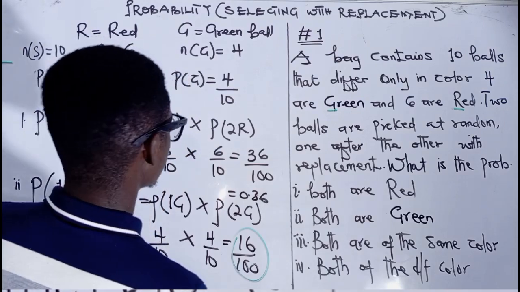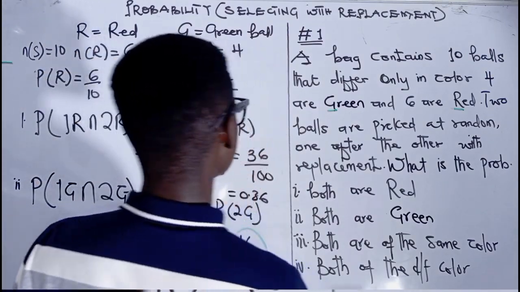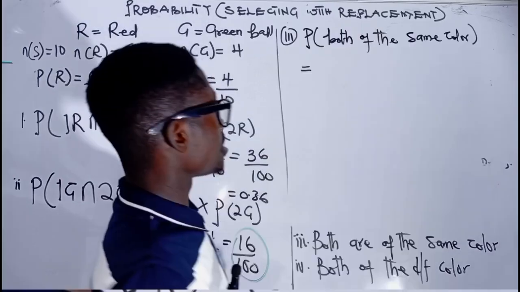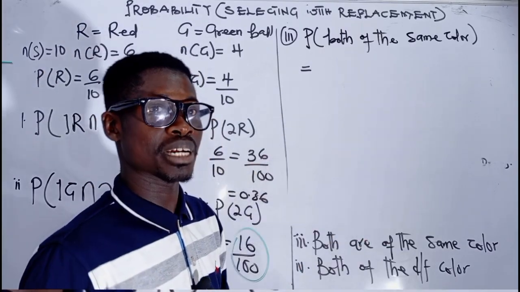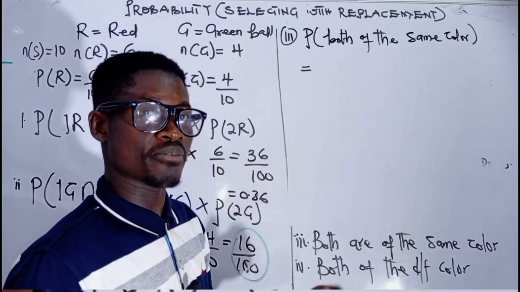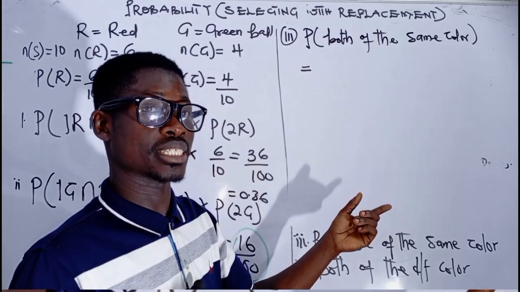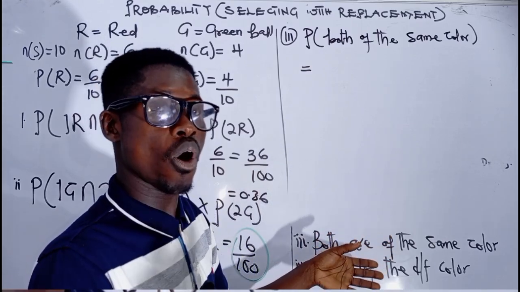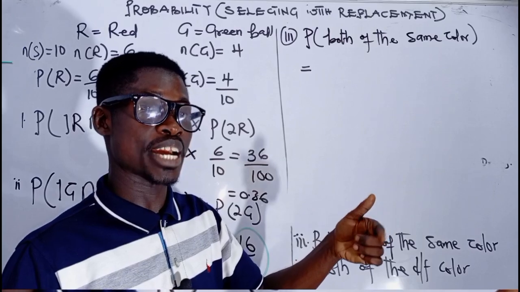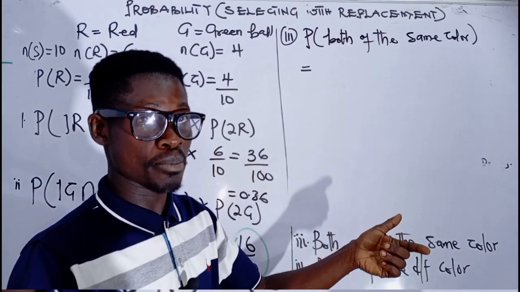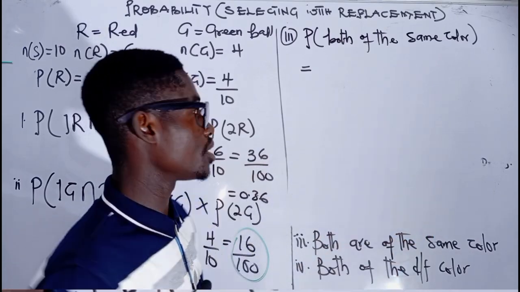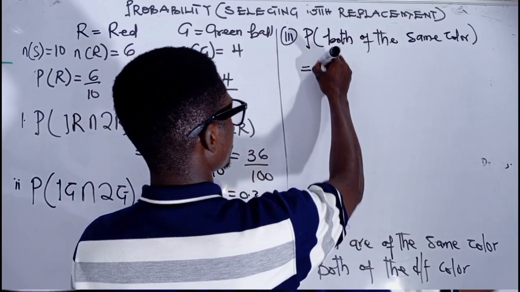Now let's look at the probability that both are of the same color. Probability that both are of the same color means that on the first pick we are getting a red marble and the second pick we are getting a red marble, or on the first pick we get a green marble and the second pick we also get a green marble. So this is how we are going to write it.